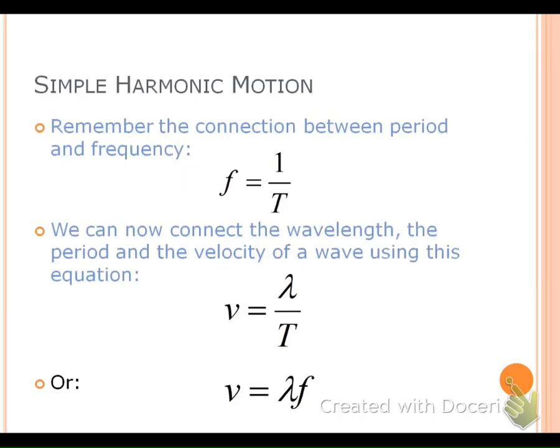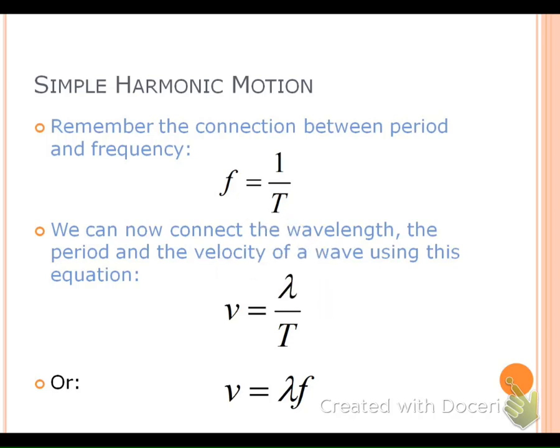All right, let's look at some equations we use for simple harmonic motion. This equation should look familiar to you. We've used this before. This is our connection between frequency and period. Frequency is, remember, measured in hertz. It's the number of oscillations or revolutions or cycles per second.